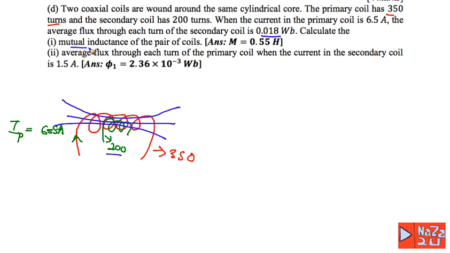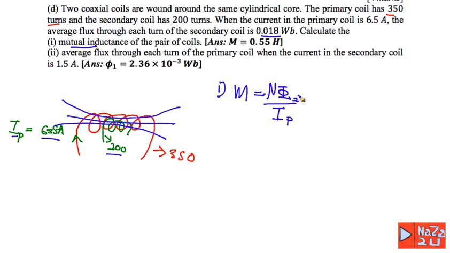So number one is: what is the mutual inductance? So you can use the equation. Mutual inductance relates the flux passing through the secondary coil, the flux into the secondary coil, and the number of turns of the secondary coil, divided by the current flowing in the primary coil, IP.